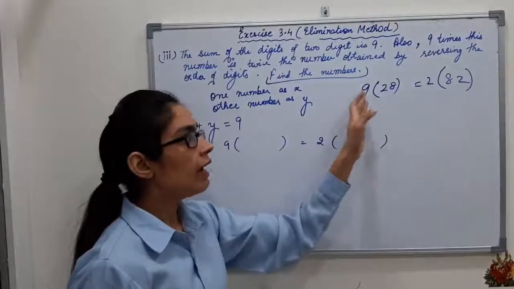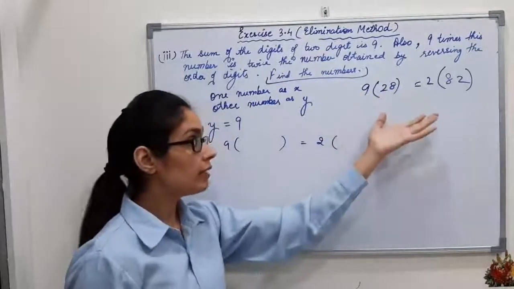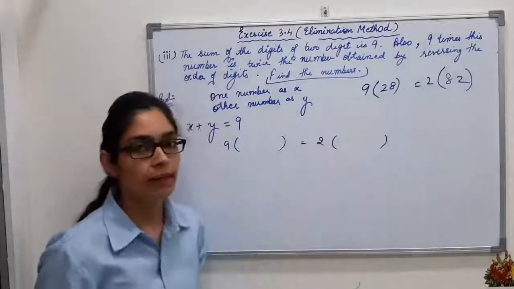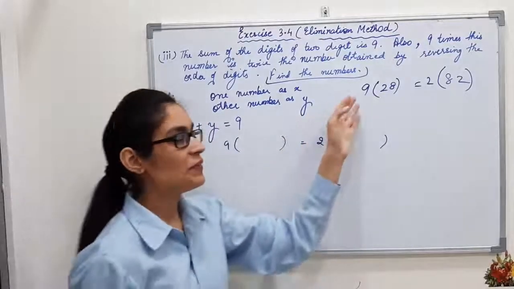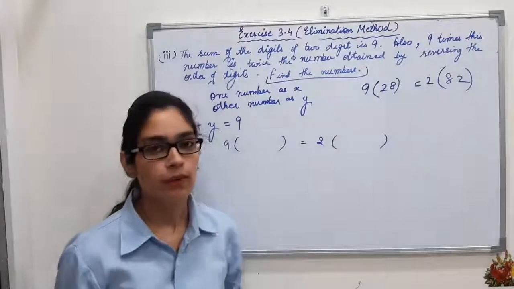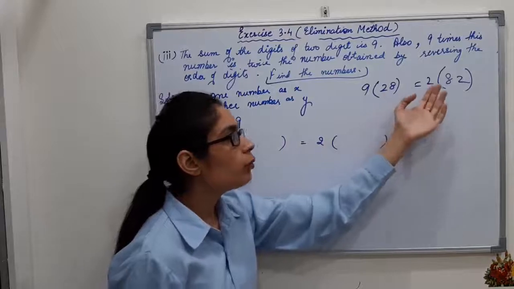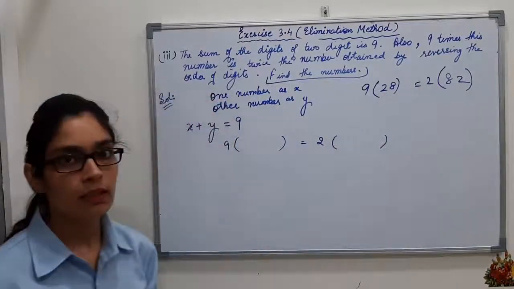Don't try it. I have just taken an example. It might not be the same, but just to explain to you, I have taken some random numbers. So don't just try multiplication. It won't come. I'm just explaining. 9 times this number is equal to 2 times the number on reversing it.